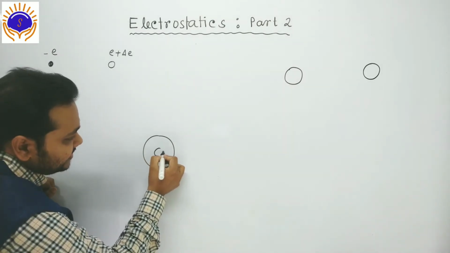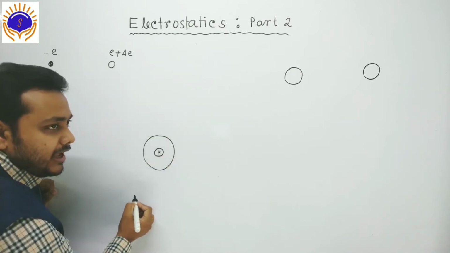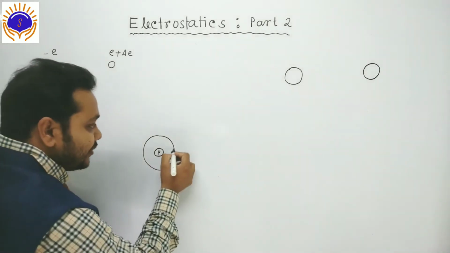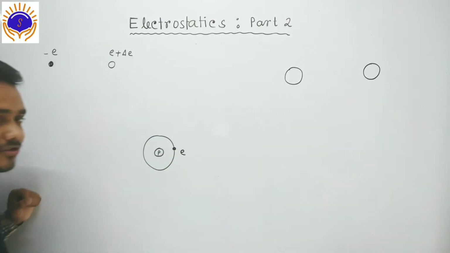You know that in a hydrogen atom, in the nucleus there is only a proton, and in the outer orbit there is only an electron. Suppose this is the electron of the hydrogen atom.